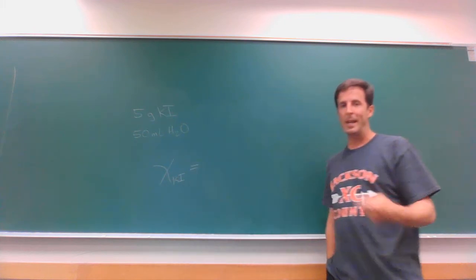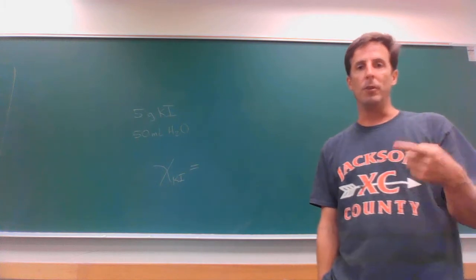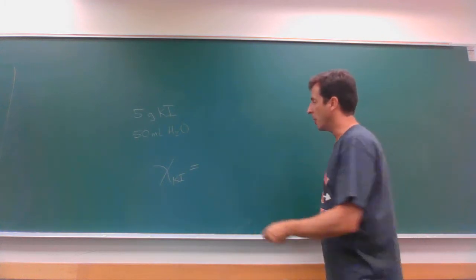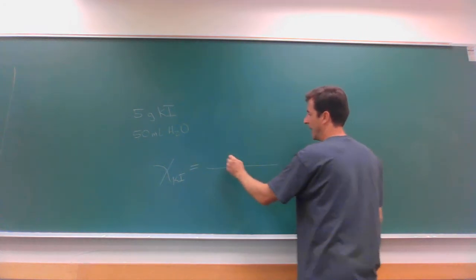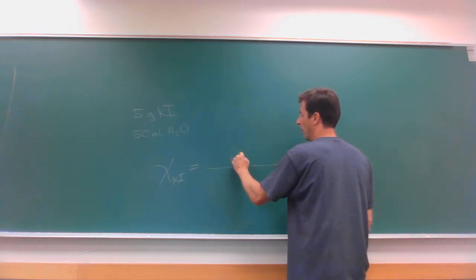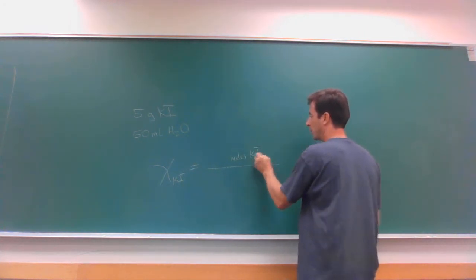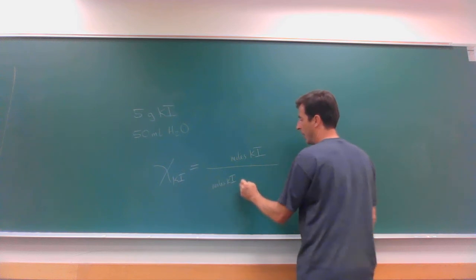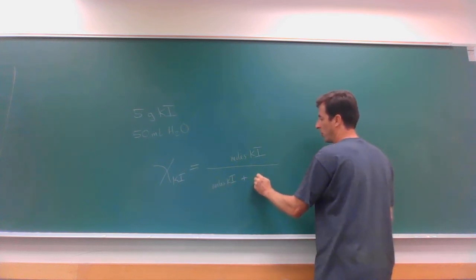Okay, again, you cannot work these problems if you don't know the units of the concentration. So for mole fraction, I'm going to need to have on top the moles of KI. On the bottom, it's going to be the moles of KI plus the moles of water.